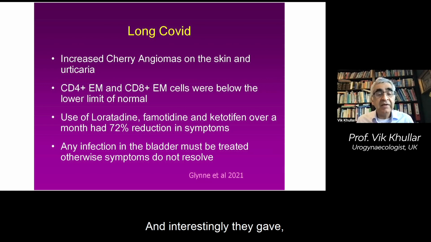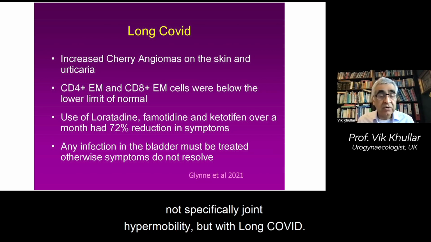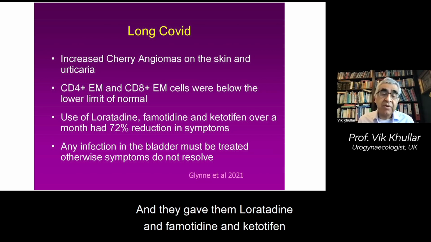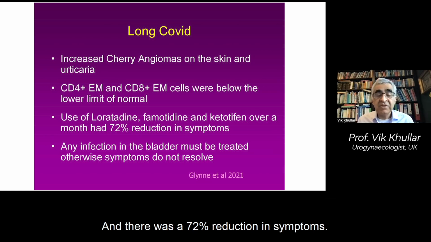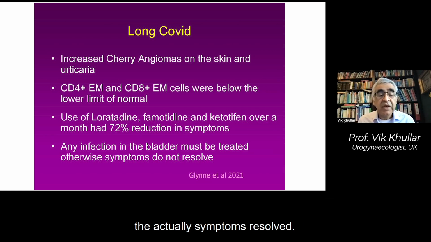And interestingly, these were groups of men and women, not specifically joint hypermobility, but with long COVID, and they gave them loratadine and famotidine and ketotifen over a month, and there was a 72% reduction in symptoms. Their symptoms actually resolved. And what we found subsequently, if there's a bacterial infection, obviously I'm looking at bladders, if the bladder infection is not treated, the symptoms in that organ do not resolve.